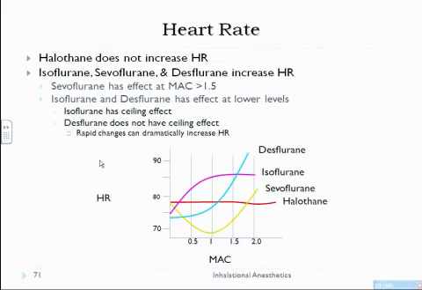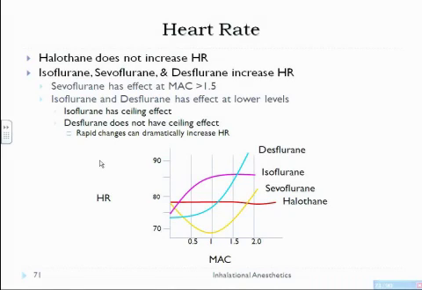Isoflurane increases heart rate pretty much linearly up to the first MAC, and after that it slopes off and hits what's called a peak effect. So if you increase isoflurane, you will get a maximum heart rate, usually around 85 to 90, and it usually stays there.